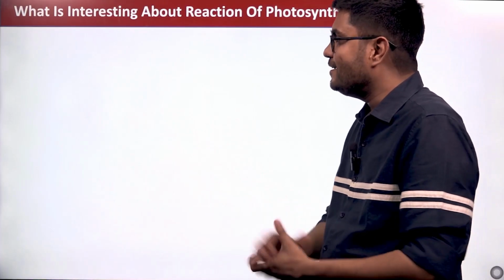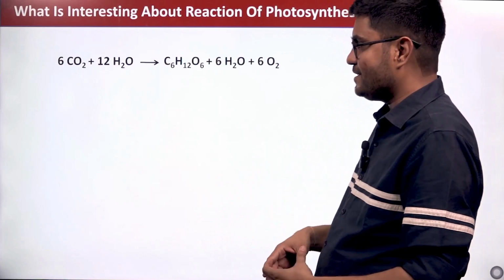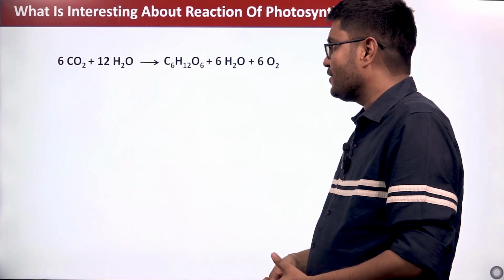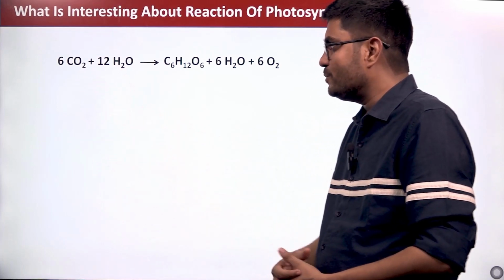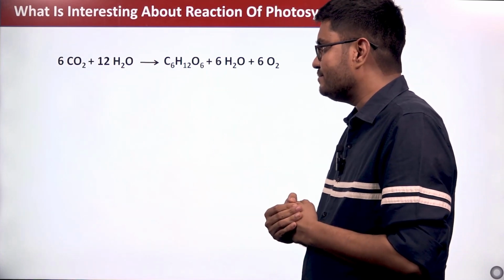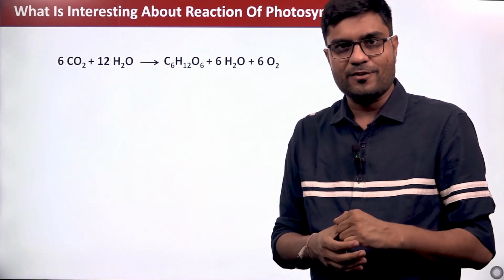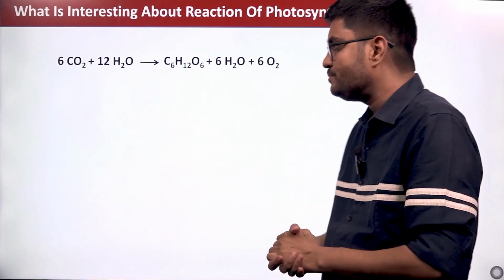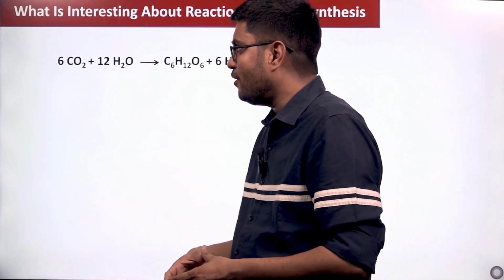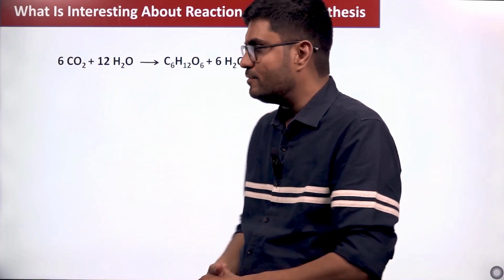If I look at the reaction of photosynthesis, it is a nice reaction which gives us 1 carbohydrate, 1 glucose molecule, by using 6 CO2. Now, can I dissect this definition using reduction and oxidation? The answer is yes. I can calculate the oxidation number of carbon in the CO2 molecule.